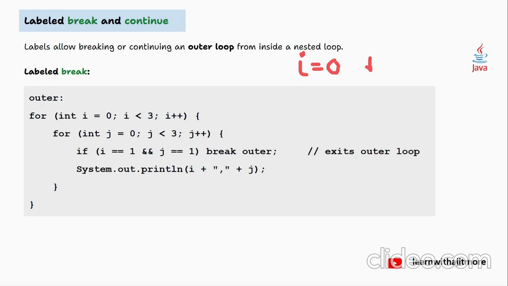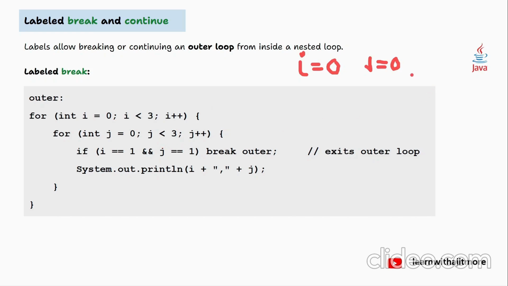And J will again start from 0. Okay? I equal to 0 done. Then 0 less than 3, right? Come inside.